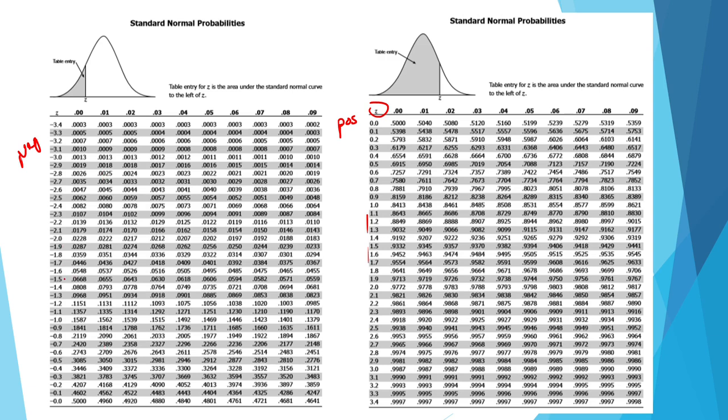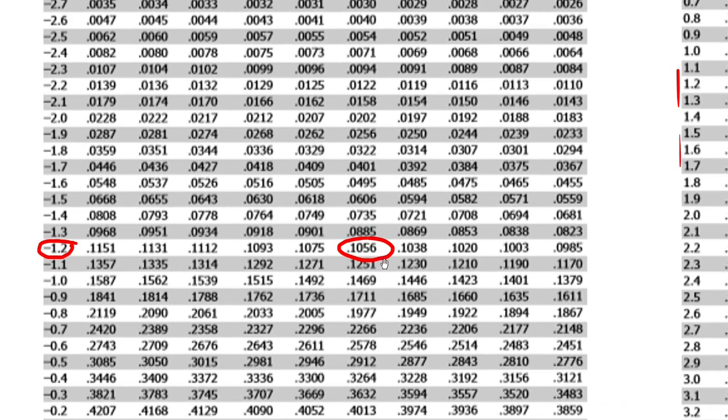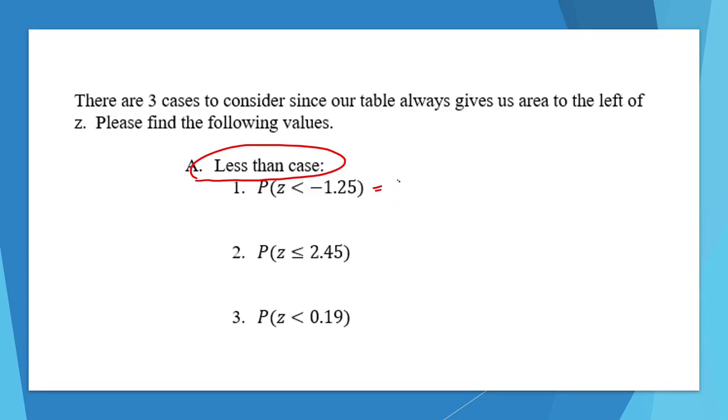I'm going to use the negative side, negative 1.2, and I want the column of 0.05, and we'll intersect the column and the row. We should get 0.1056.